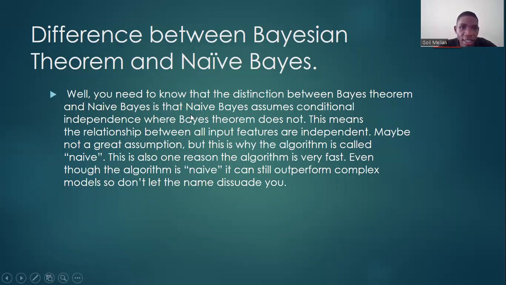If you know about probability, there are what we call independent events, and then there are those which are dependent. Naive Bayes assumes conditional independence, whereas the Bayesian theorem does not. This means that the relationships between all the input features are independent.